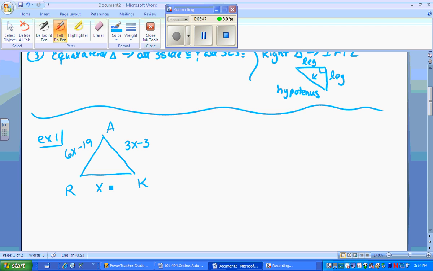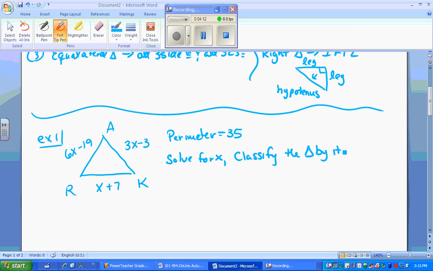And the last one is x plus 7. Also given is that the perimeter is equal to 35. We want to solve for x and classify the triangle by its sides.